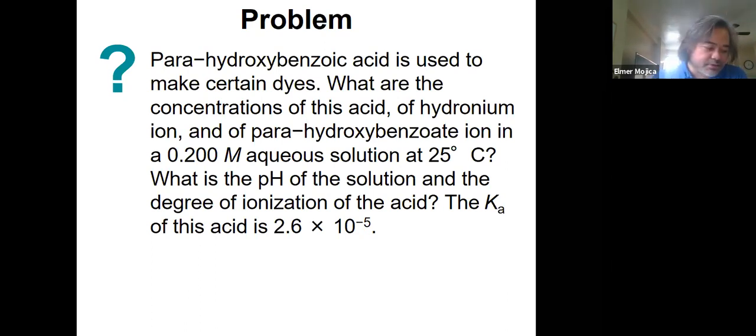So if you're going to answer this question, I think it's easy for you if you already have the ICE table, or the RICE table. So I'll try to do it on the whiteboard here. You could put HA producing H+ or H3O+, reacting with water, and A minus.